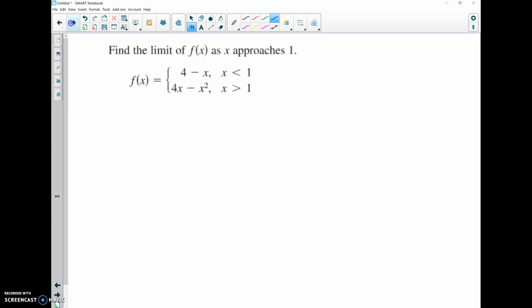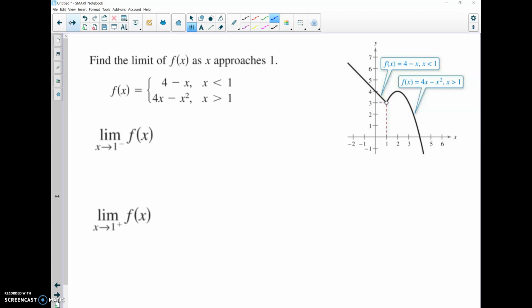So for the sake of time, graphically, on the right hand side, that is the graph of our piecewise function. This here, 4 minus x, is our linear part of our graph, and we graph it to the left of 1, not including 1, so that's why there's an open circle.